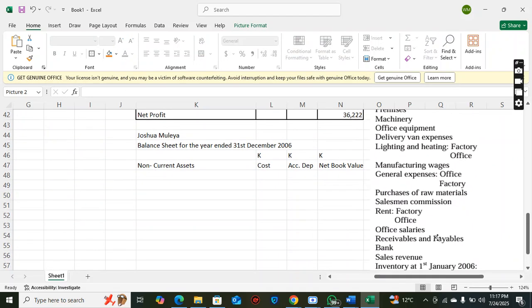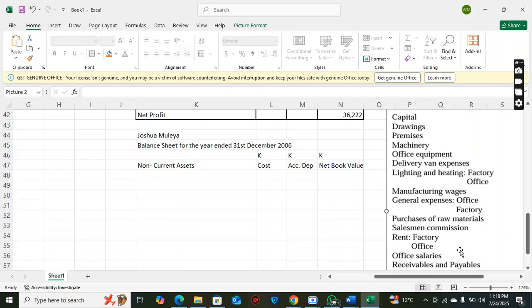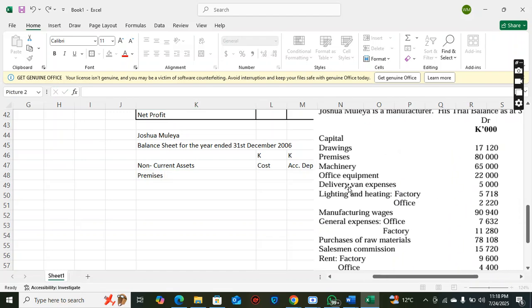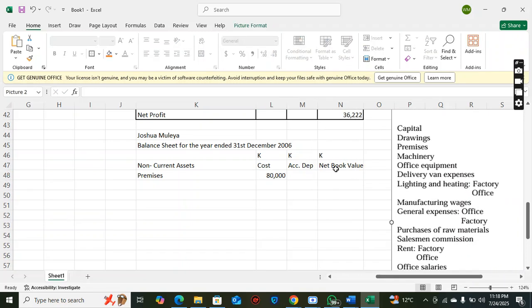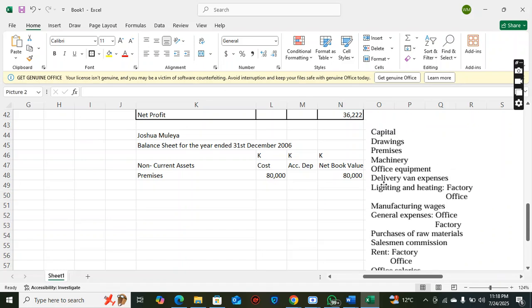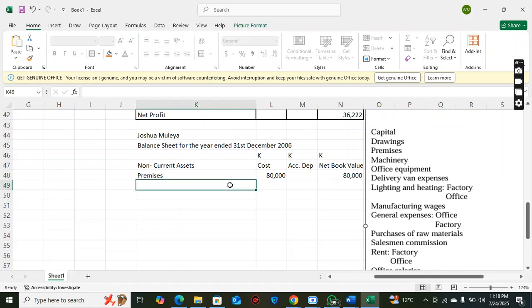So what's the first item we'll put? What's the first non-current asset that we'll put? Premises. Premises 80,000. There's no accumulated depreciation or no depreciation calculated, so even here 80,000. Next one, machinery.